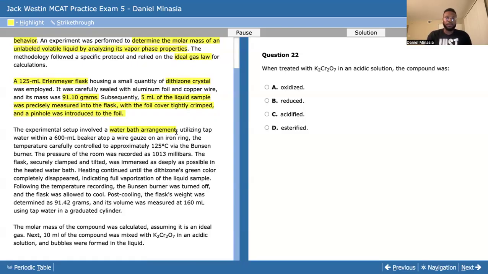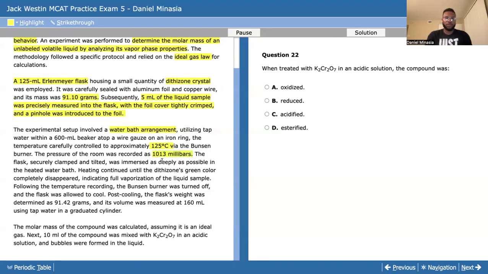The setup utilized tap water with a 600 milliliter beaker atop a wire gauze on an iron ring, with the temperature carefully controlled to approximately 125 degrees Celsius via a Bunsen burner. The pressure of the room was recorded at 1013 millibars.